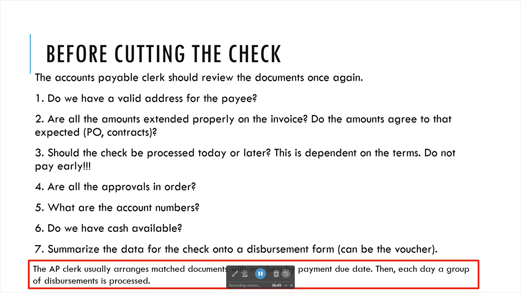Today, float has been eliminated, and float is really the time between writing a check and it actually clearing the banking system. We also have another kind of float, which is when you make a deposit, when does it actually hit your account? And so we have to look at what time of day in particular that the cash receipts came in and were deposited at the bank.